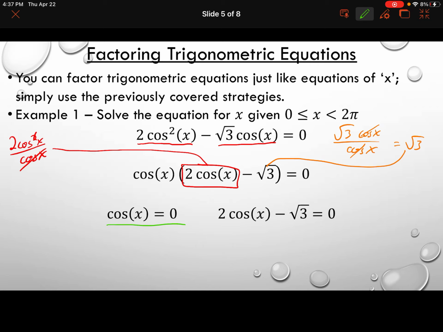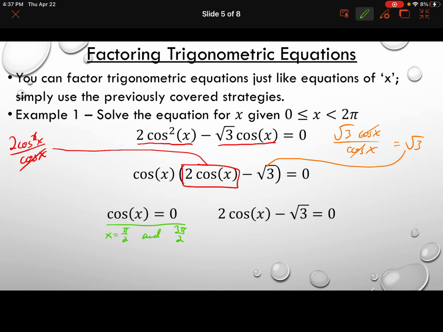The places where cosine is equal to 0 would be pi over 2 and 3 pi over 2, because the x value is 0 at those two angle measures. At pi over 2 and at 3 pi over 2 on the unit circle, the x value is 0 at those points. Okay? Now, what about the other one?